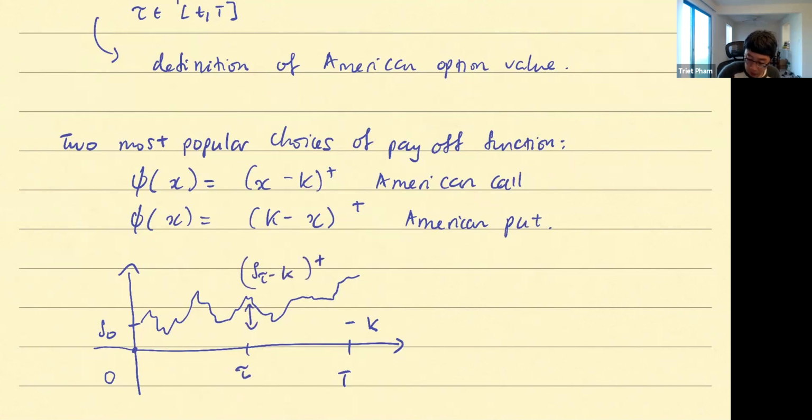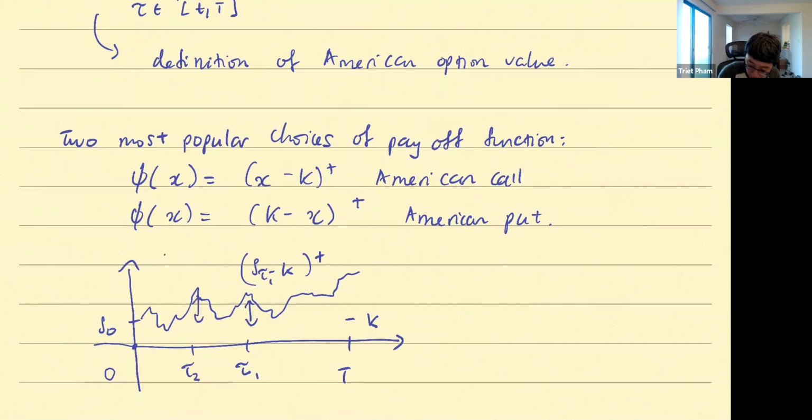But the person can also choose to exercise here, which means the payoff is going to be this much. So this is tau 1, maybe here tau 2 like this, and here the payoff will be this much.